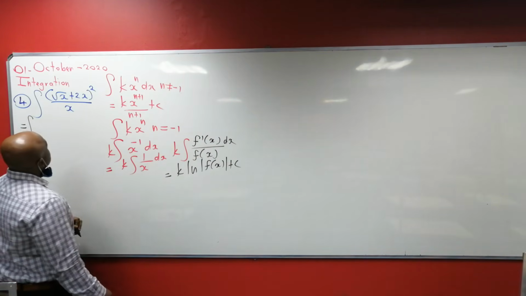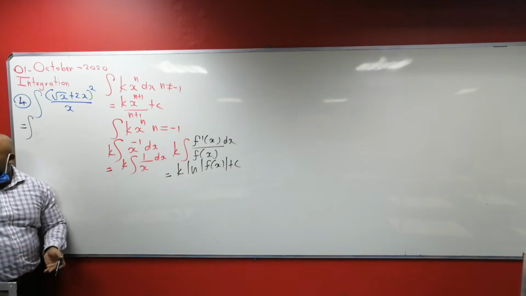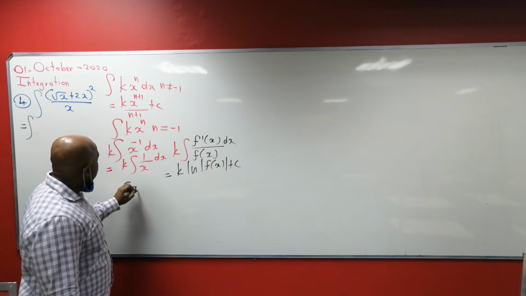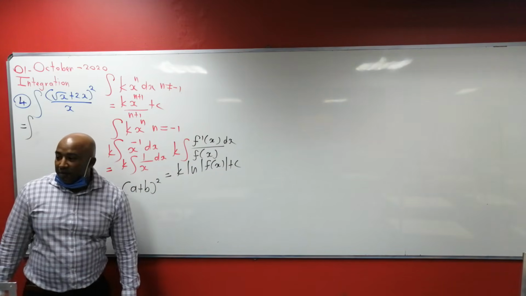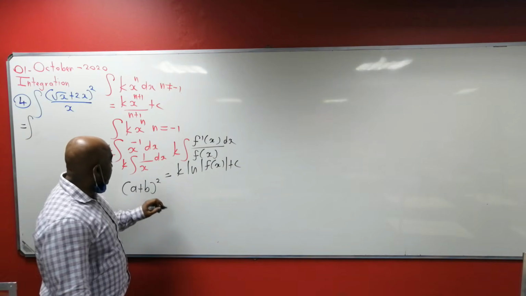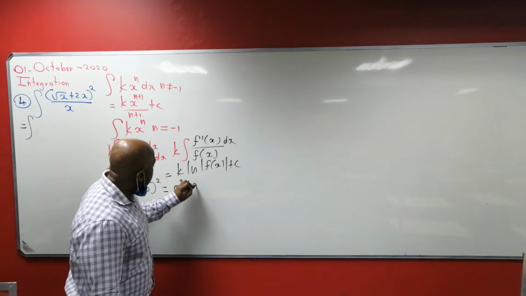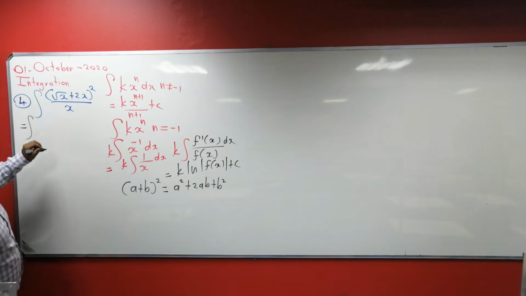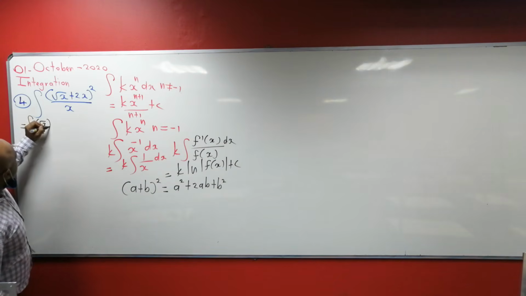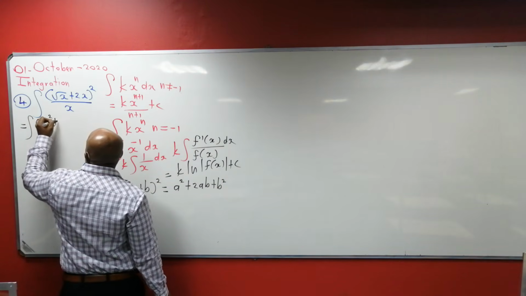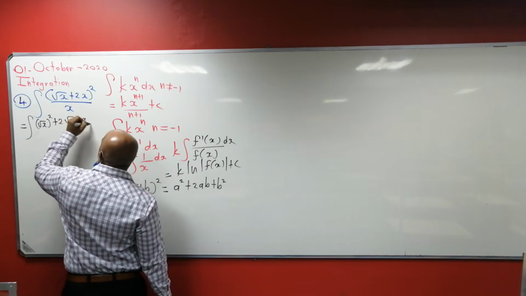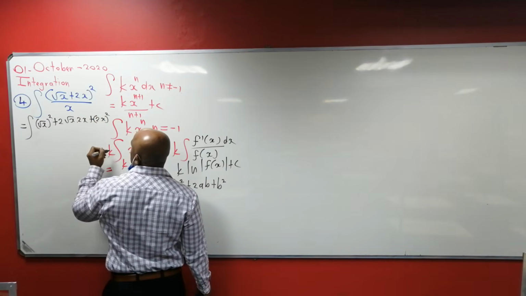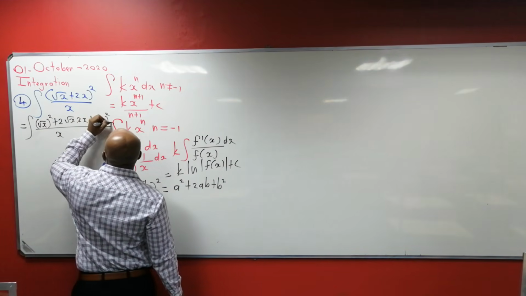Let's see what happens here now. Here, we have to obviously simplify. We need to square this whole thing. So if I want to square this, I will just use the formula for a plus b all squared, which is equal to a squared plus 2ab plus b squared. So here it's going to be a squared plus 2ab plus b squared, all divided by x.